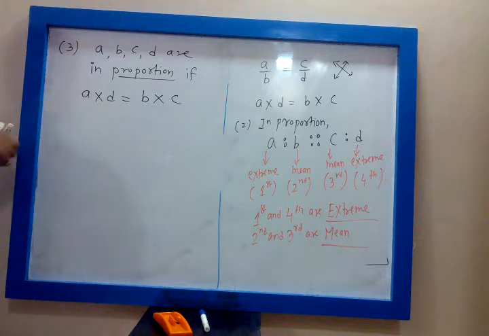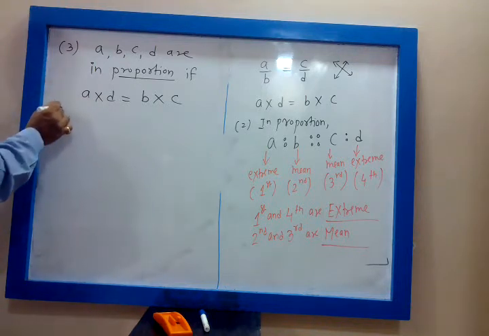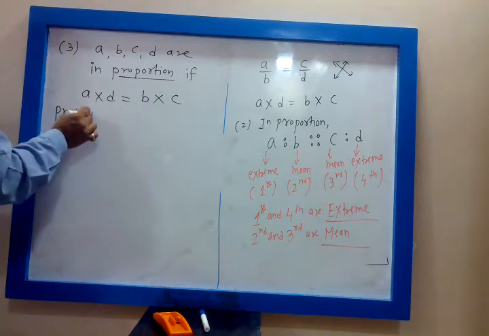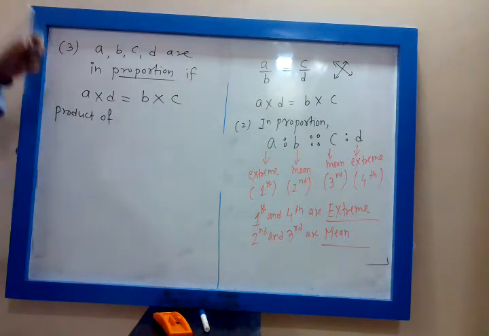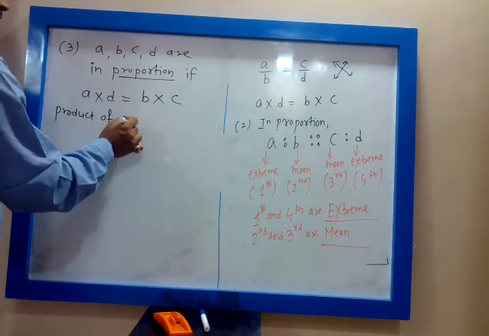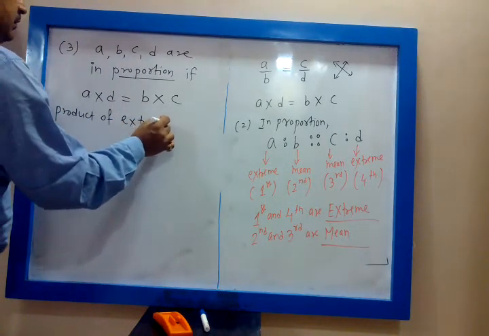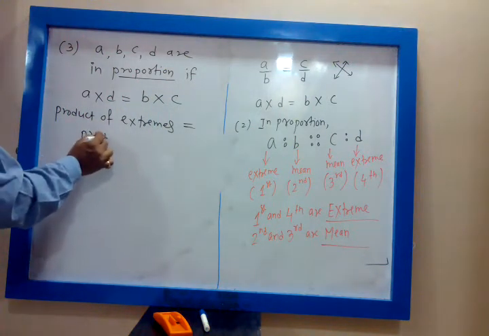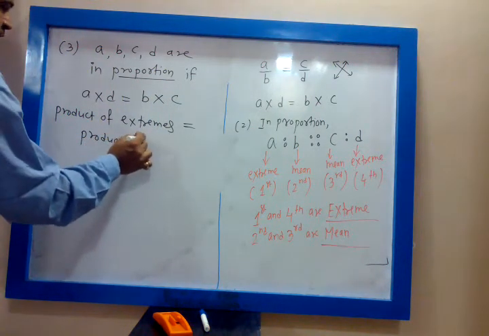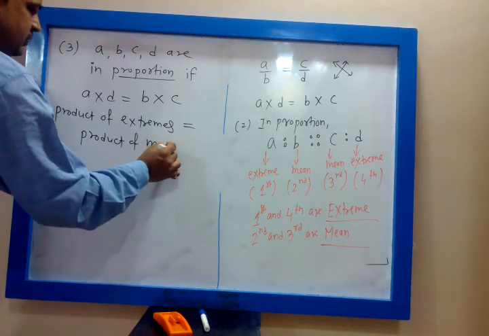Multiplication means product. What are A and D? A and D are extreme. So product of extremes is equal to product of means. So this is the formula.